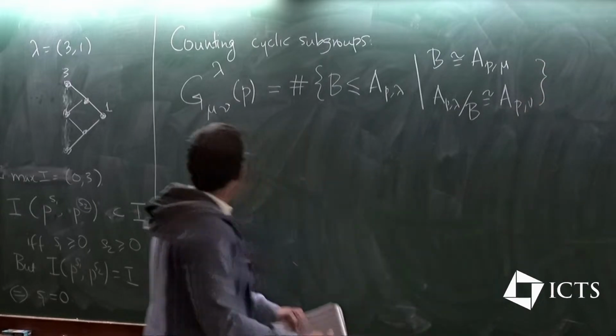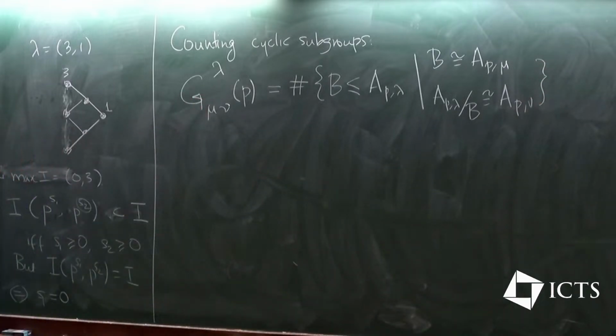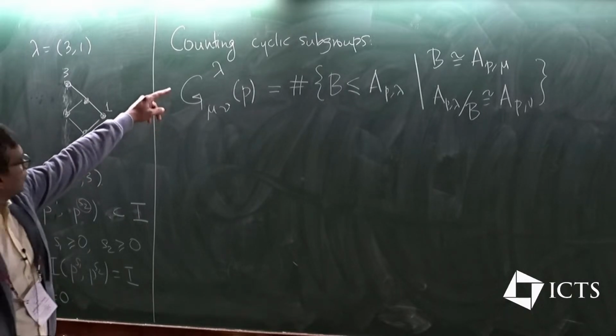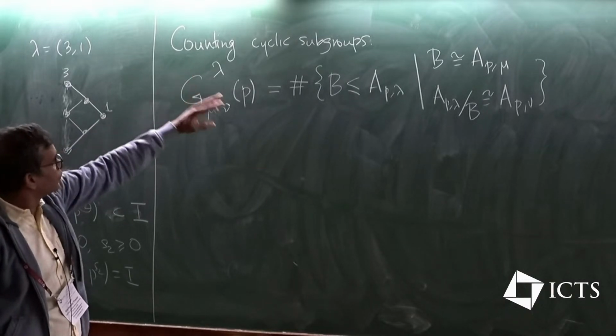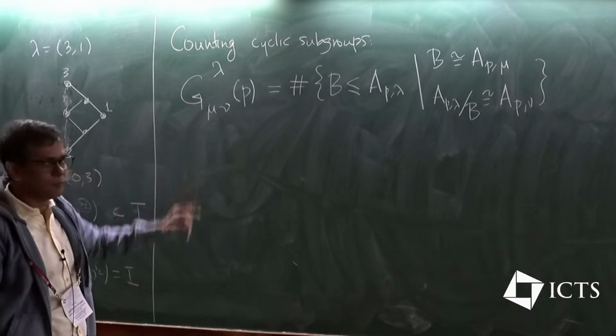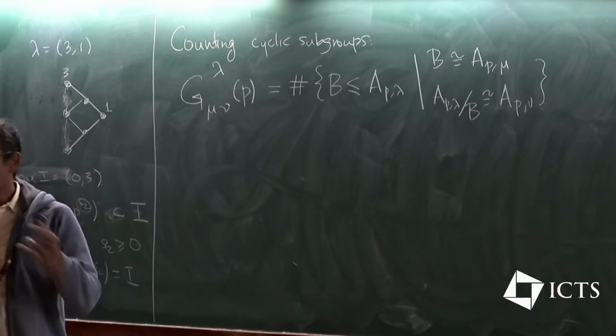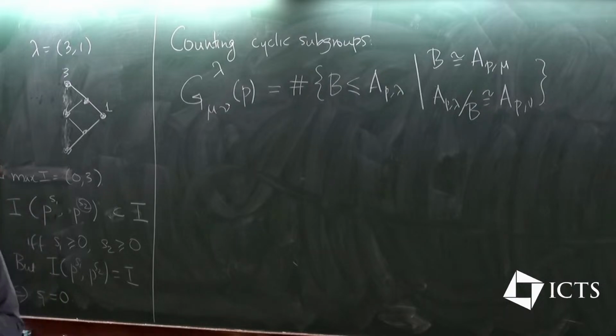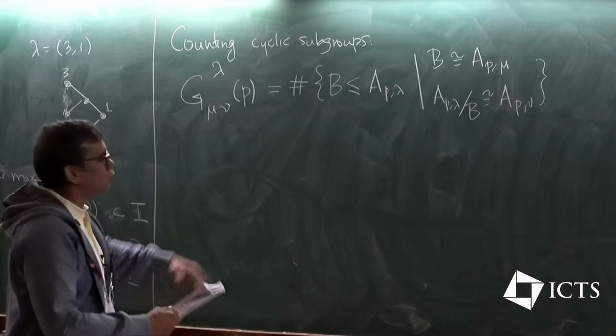Okay, so we have 3 partitions, lambda, mu, nu, and we're just counting the number of subgroups of type mu in a group of type lambda, such that the quotient is of type nu. And we will try to get a formula for this thing.